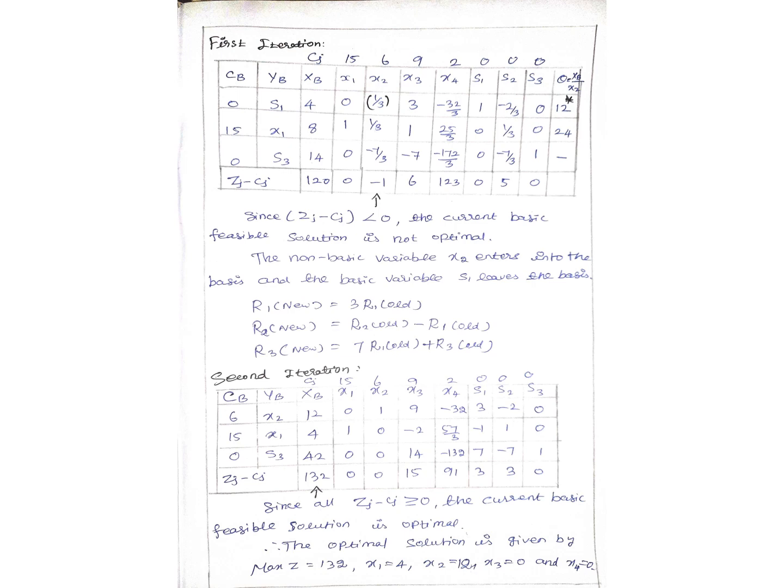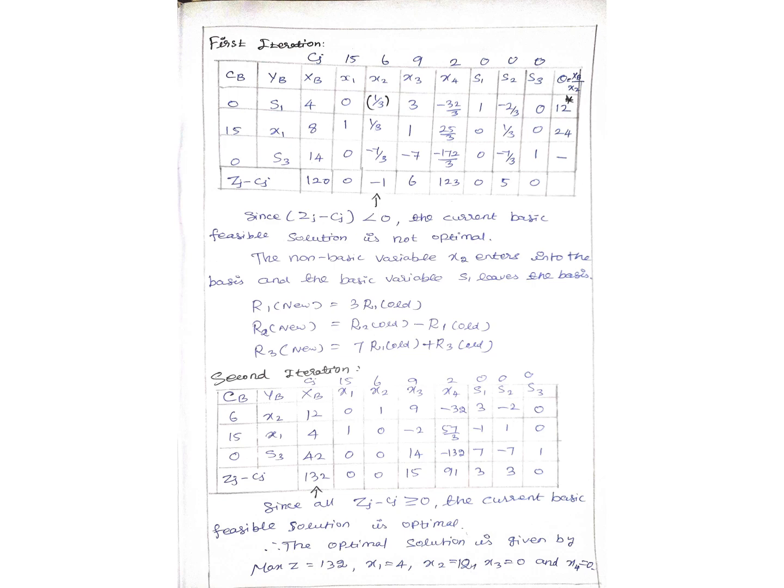So that is 4 divided by 1 by 3, which is equal to 12, and 8 divided by 1 by 3, which is equal to 24, and 14 divided by minus 7 by 3. So we get a negative value, we just terminate this. So here the minimum value is 12.